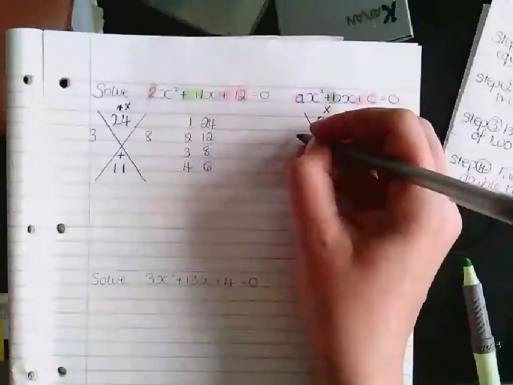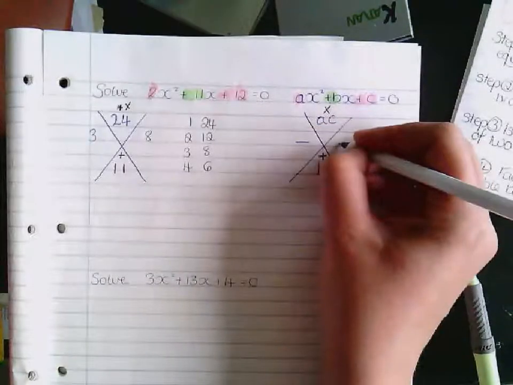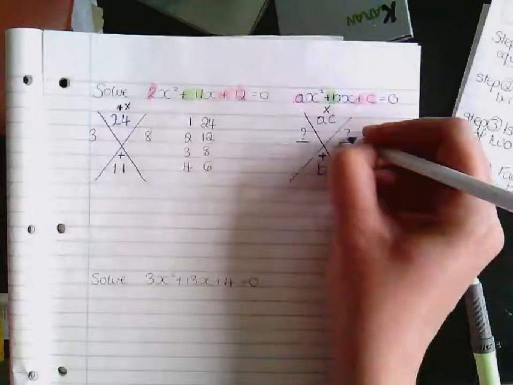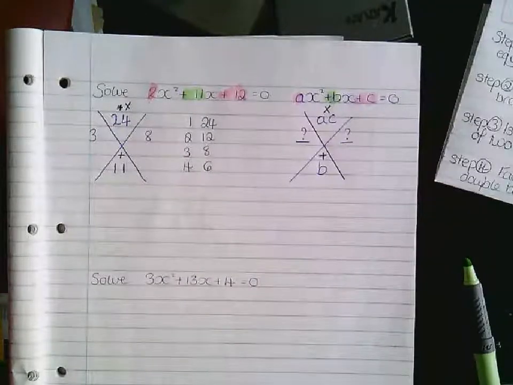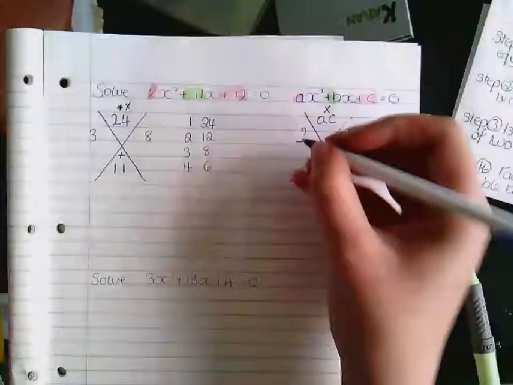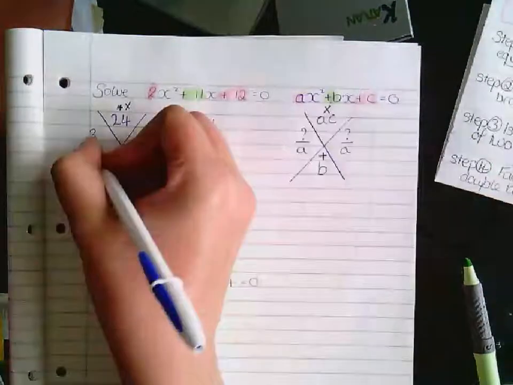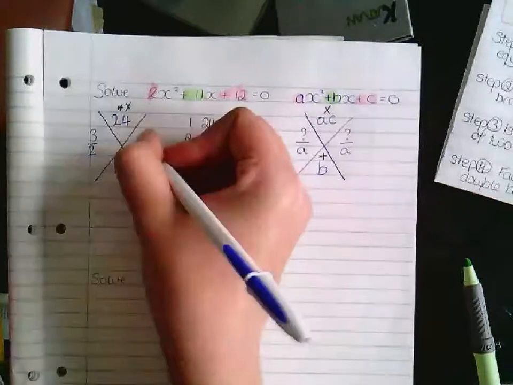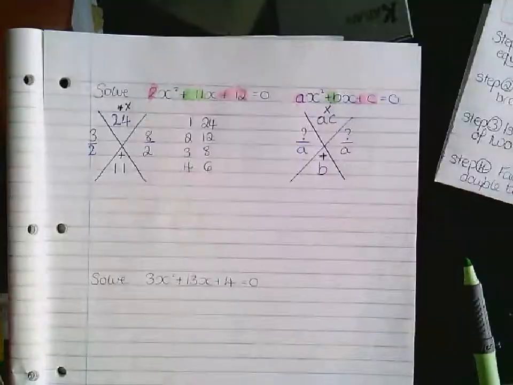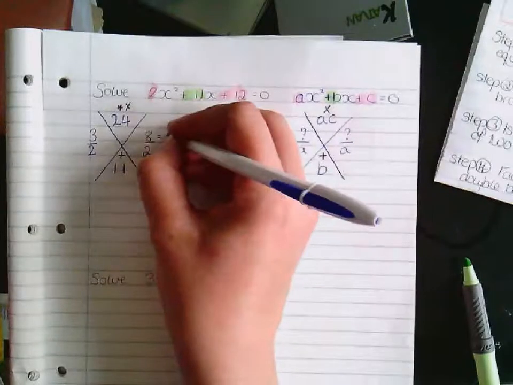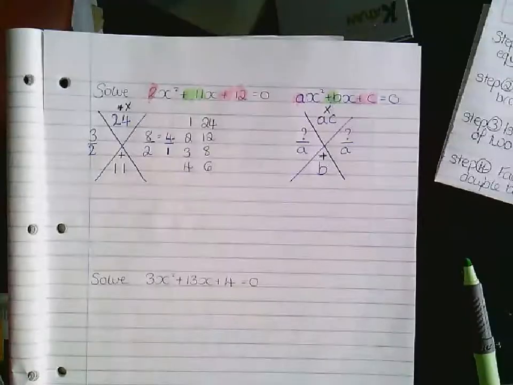These now go at the side. So with my general answer, I put my 2 numbers here. What I now do is I divide each of those numbers by A. So they both get divided by 2. You now need to see if any of them simplify. This one does. Now, normally we don't write it if it simplifies to 1, but in this case I will.